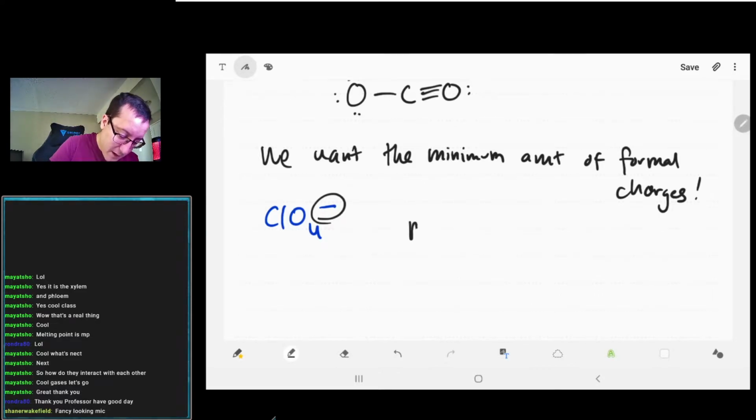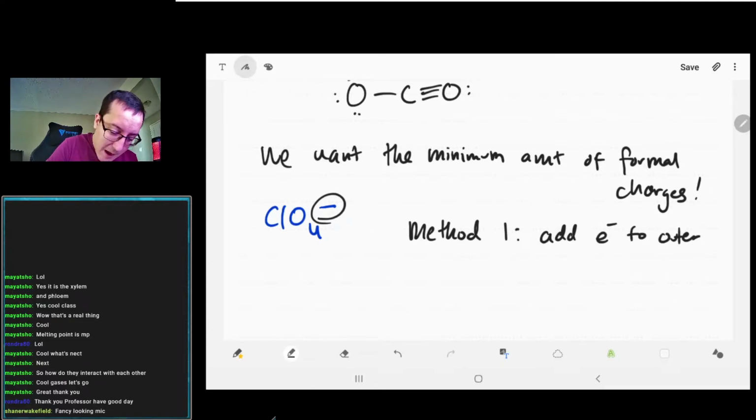For method 1 of our Lewis structures, the one where we just connect the valence electrons to try and satisfy our outer atoms, we always add electrons to outer atoms.